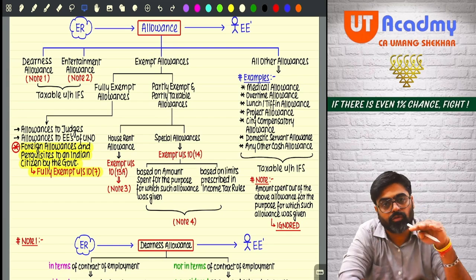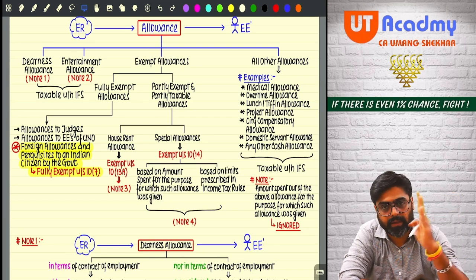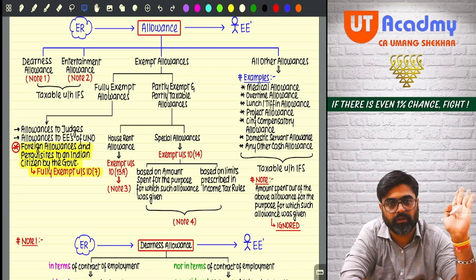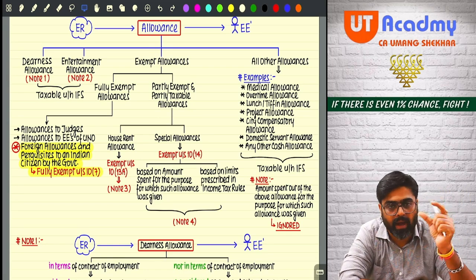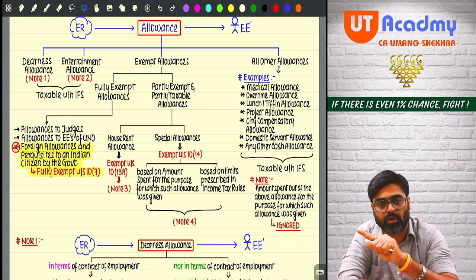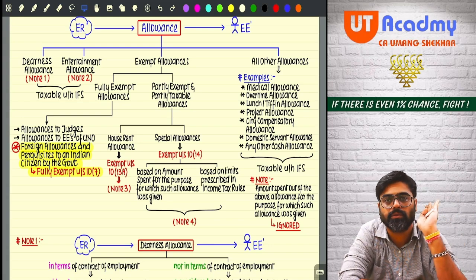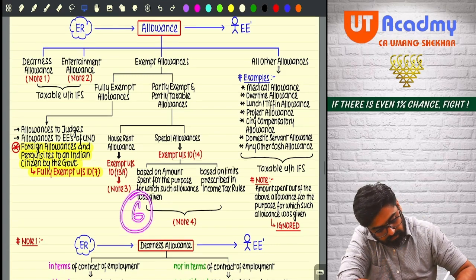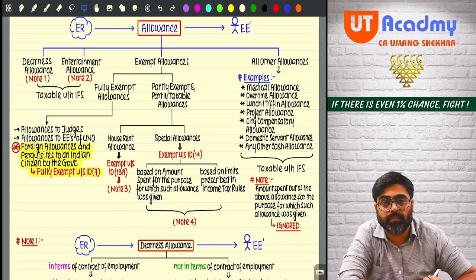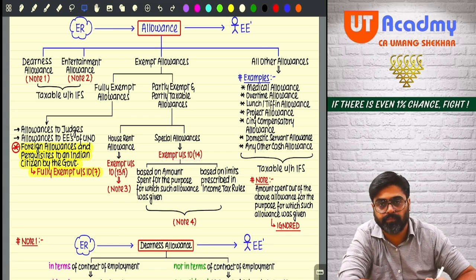If you spend the entire allowance, the entire allowance is exempt. If part of the allowance is spent, part will be exempt, and the part which is not spent will be taxable. So there are 6 allowances here which are exempt under section 10(14), but on the basis of amount spent.